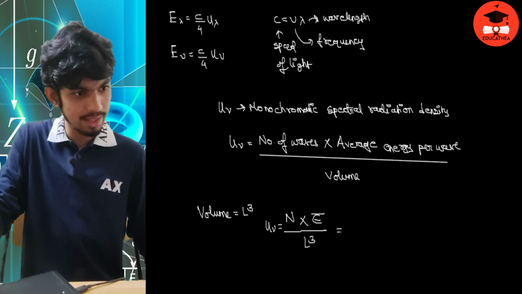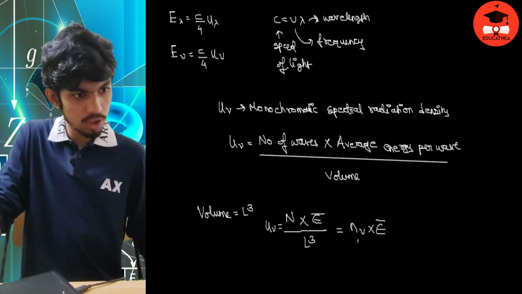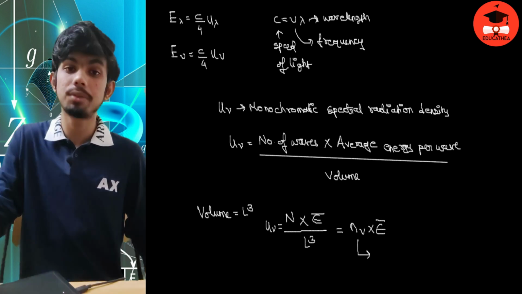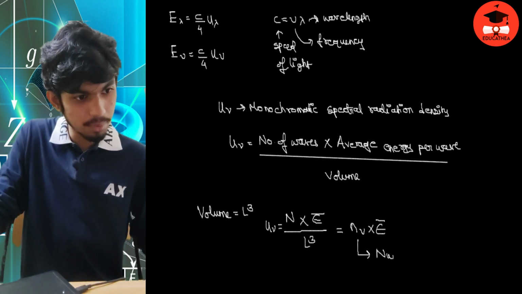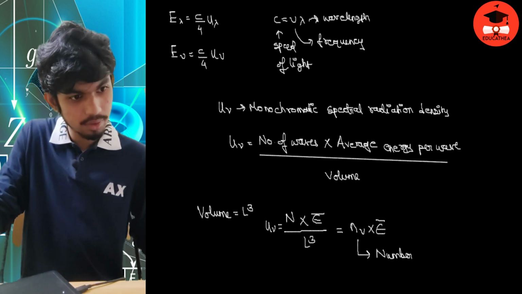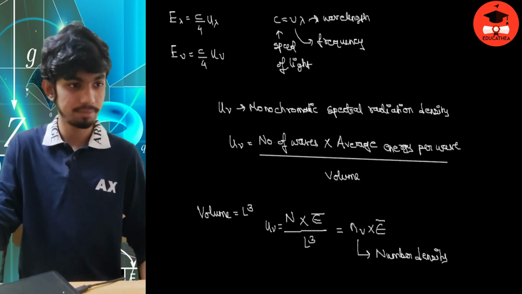Now I can write this in this particular fashion: small n nu multiplied by epsilon bar, where small n nu is basically the number of waves per unit volume. So this is the number density. My job is now to find the number density.